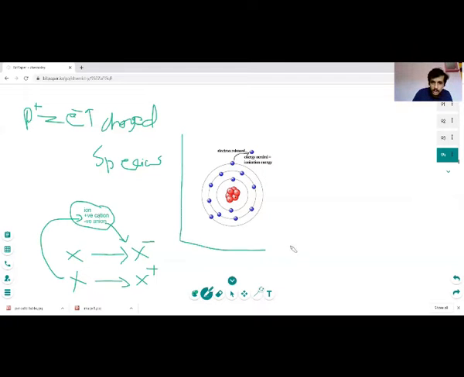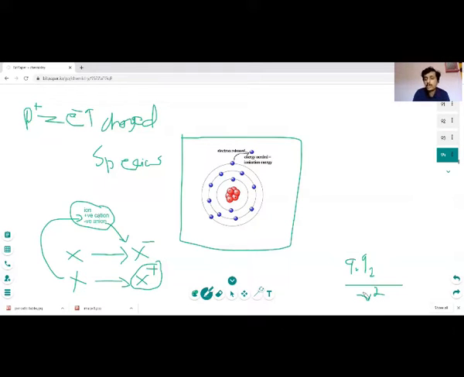So what is ionization energy? We know when we remove an electron, we will form a cation. But to remove that electron, we need energy, because previously we have seen there is an electrostatic interaction, Q1 Q2 by R square, between the nucleus and the electron.